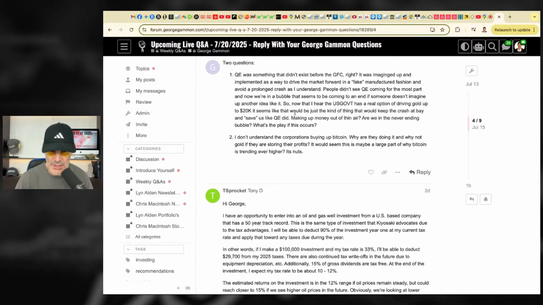It seems like that would be just the kind of thing that would keep the crash at bay and save us. I don't know if that would really do anything, honestly. I don't know why that would be beneficial to the stock market. I mean, Luke sees it as very inflationary because the people with gold now have all this additional purchasing power. But as an example, let's assume for a moment you own gold.